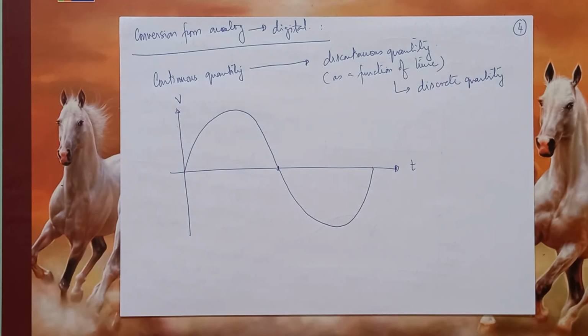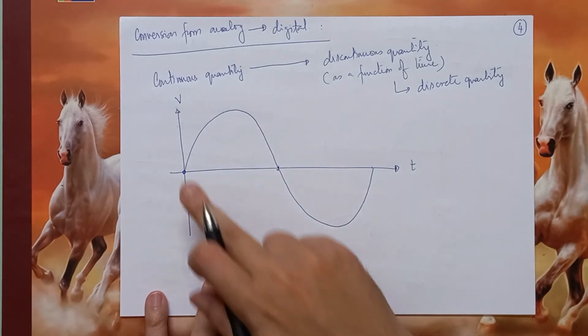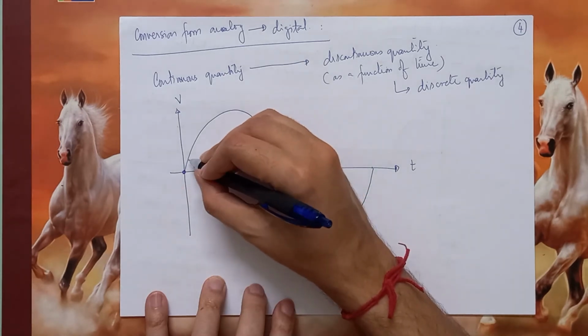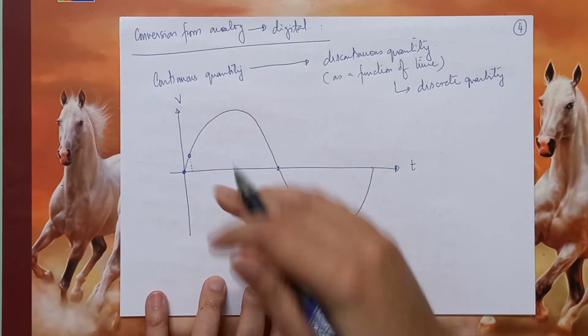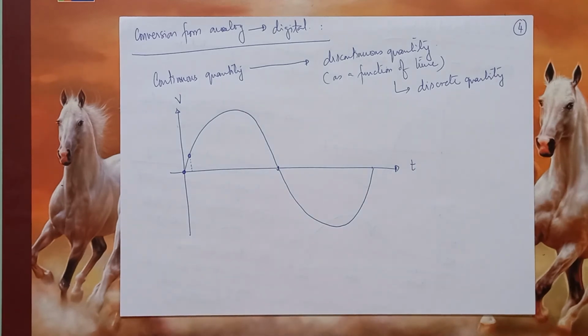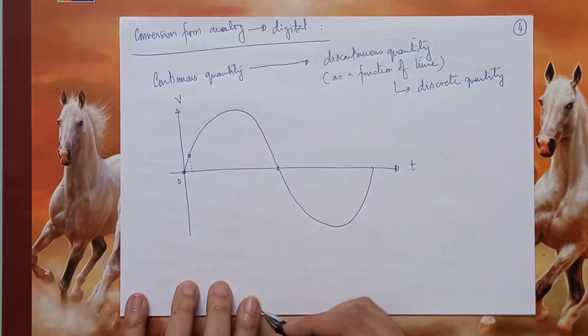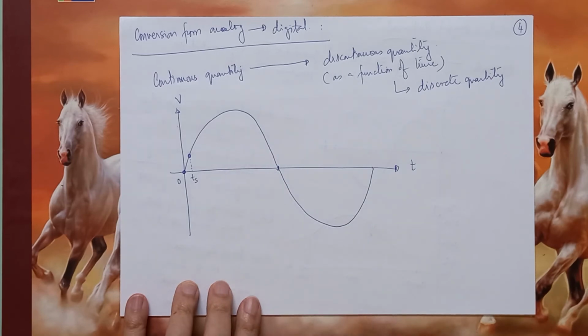So let us say I take the photo at time t equal to 0. I can take another picture at some instant of time which is above 0. So the best way to go about this is to take these pictures at regular intervals of time. So let us say this is 0. Since I am taking snapshots of the signal, or pictures, I will call this time as Ts.